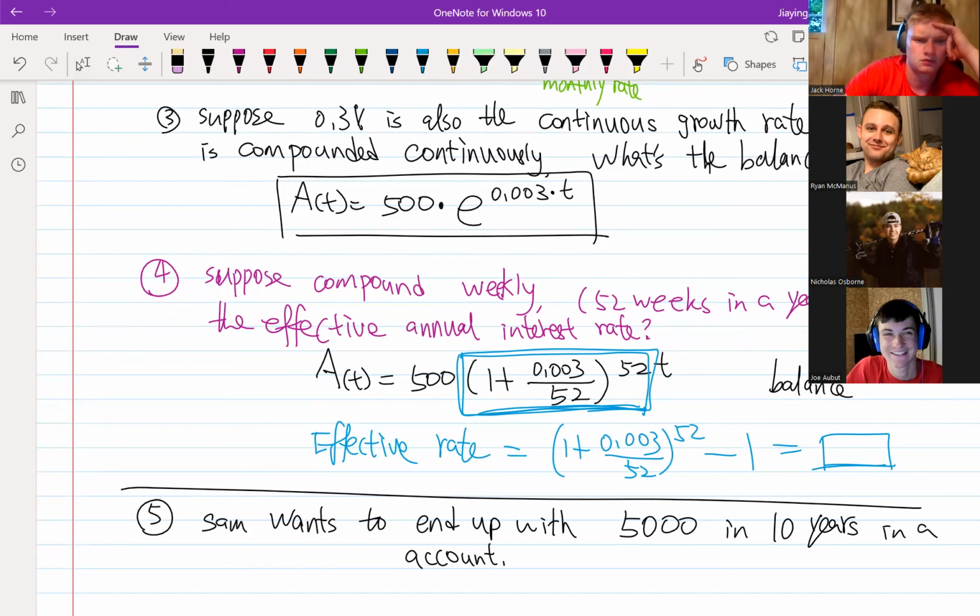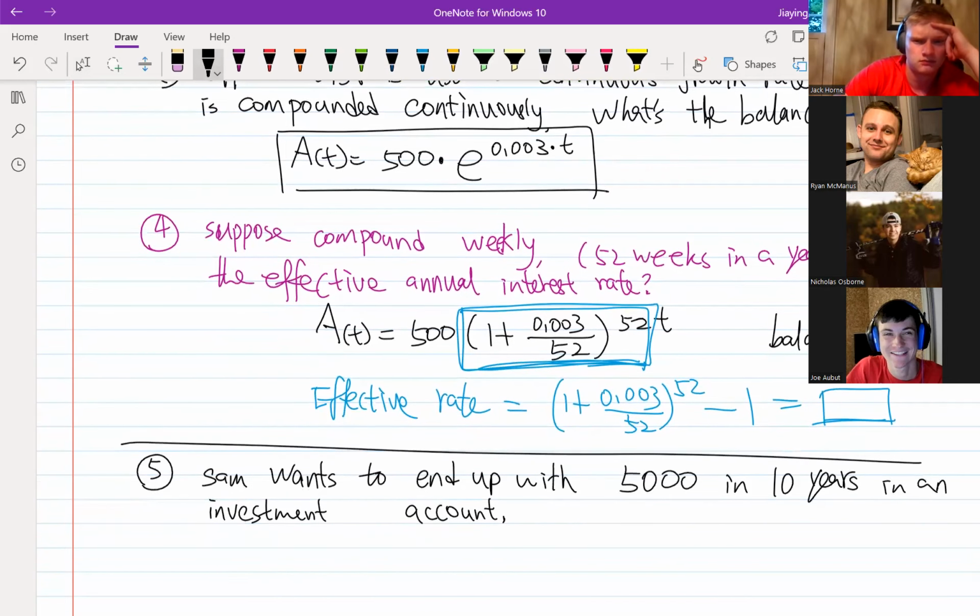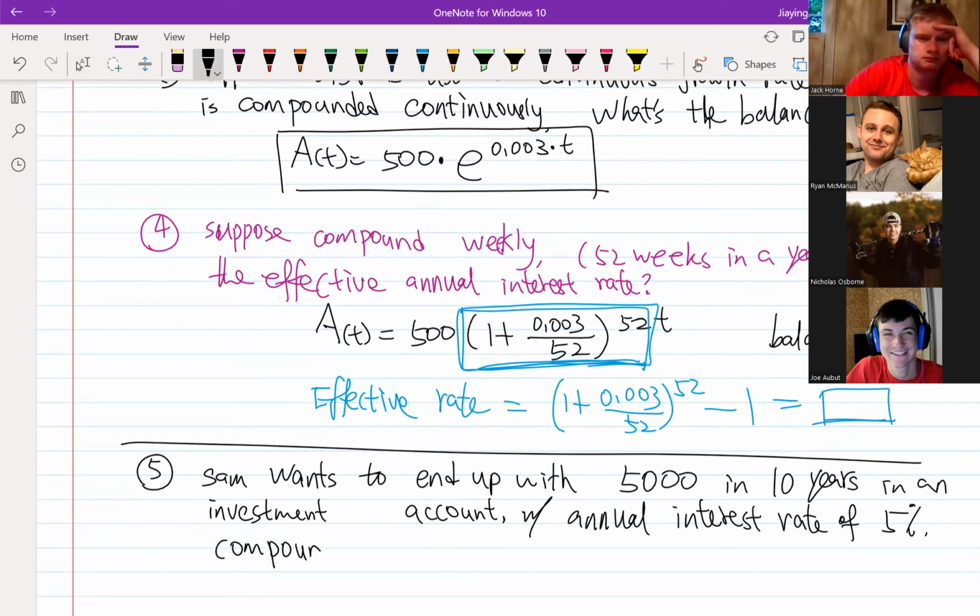Let's just say investment account. The investment account has an annual interest rate of 5% compounded, let's say, quarterly.